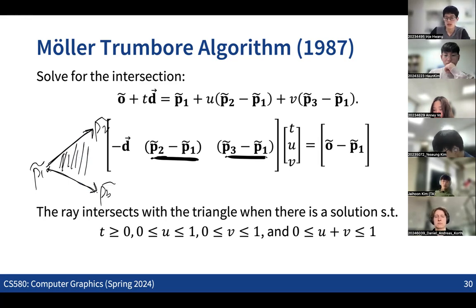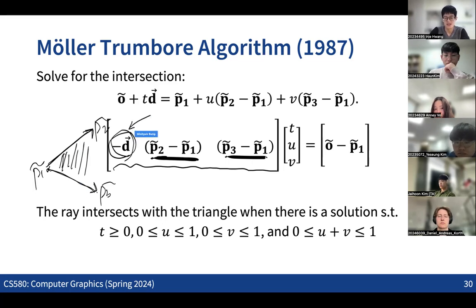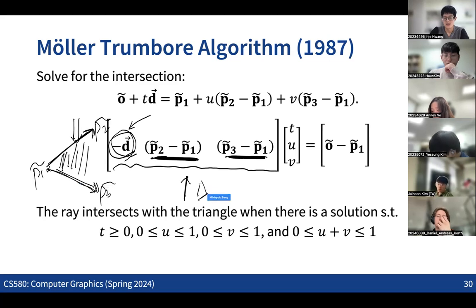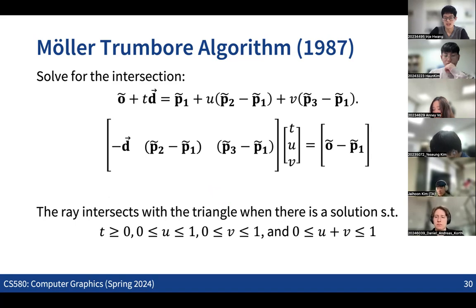If this matrix is not invertible, the direction of the ray is dependent on the subspace of those two vectors, which means the ray is parallel to the plane of the triangle. So when the ray is parallel to the triangle's plane, we cannot find the intersection point. That is one of the cases where we cannot determine the unique solution.